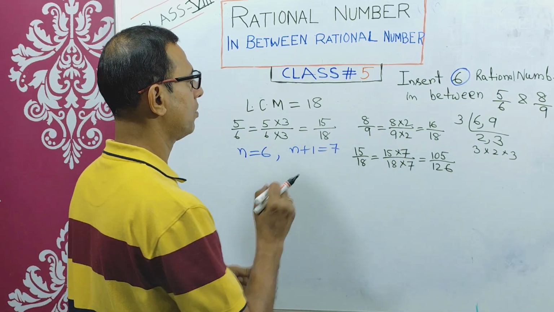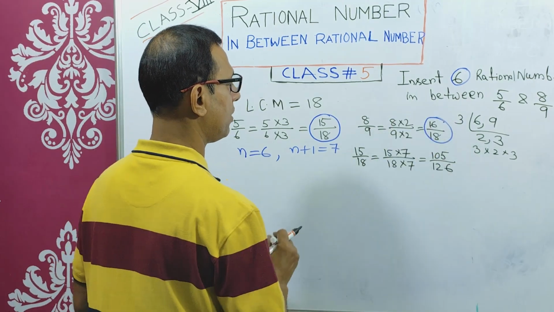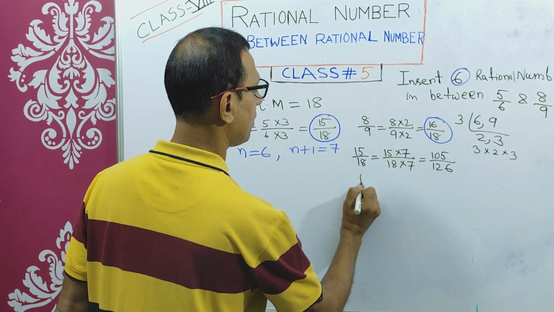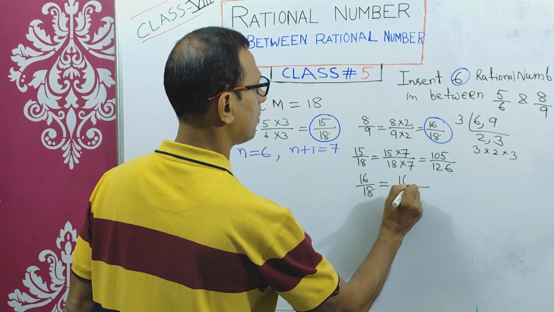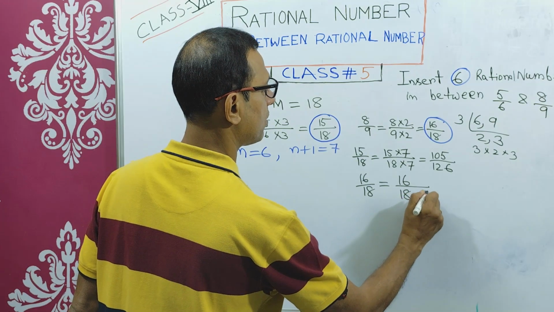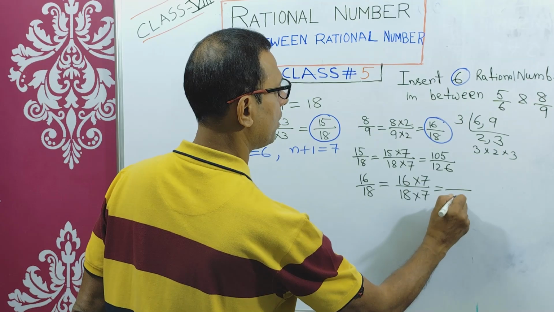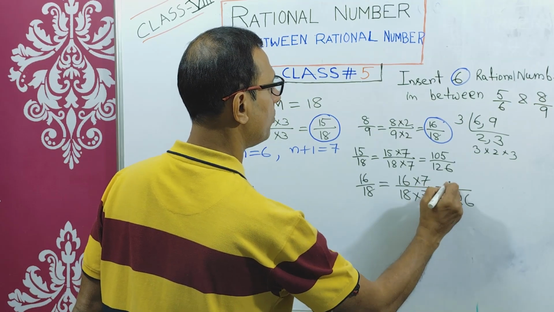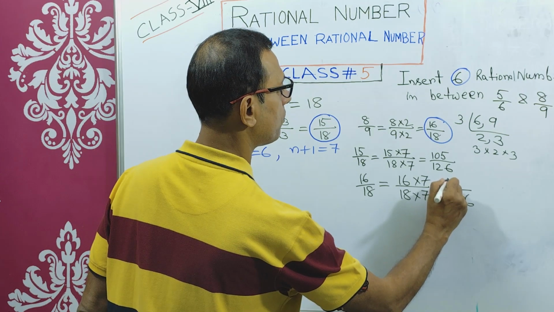So 16 by 18 equals 16 into 7 by 18 into 7: 18 sevens are 126, and in the numerator 7 16s are 112.